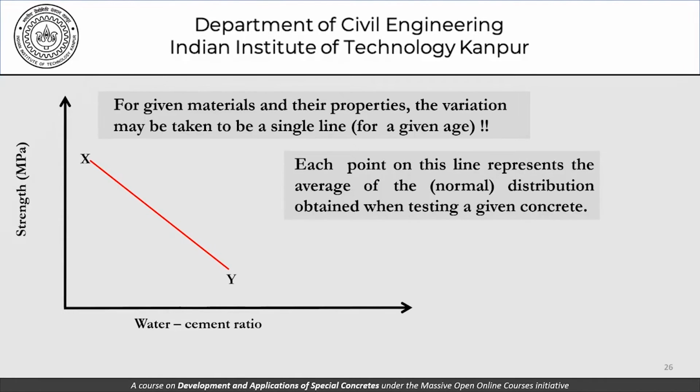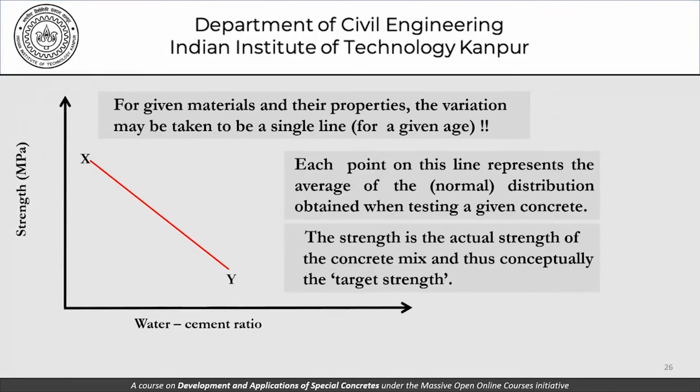Each point on this line represents the average of the normal distribution obtained when testing a given concrete. And the strength is the actual strength of the concrete mix and thus conceptually the target strength.